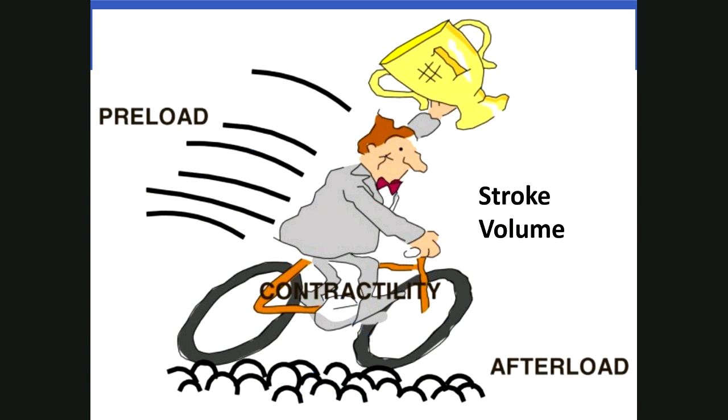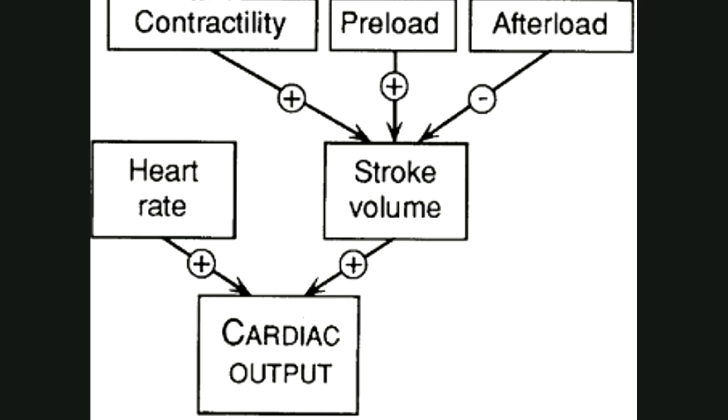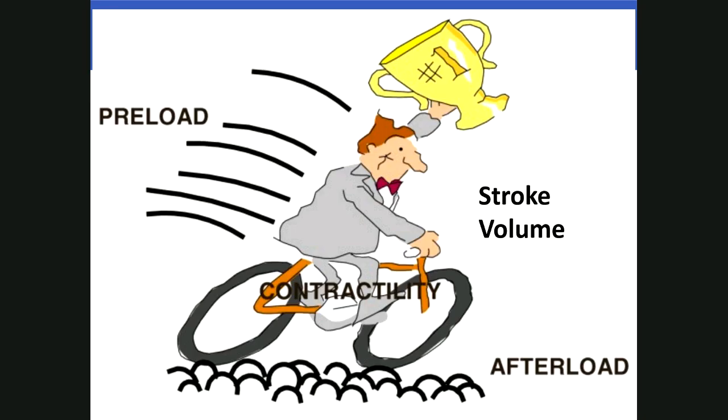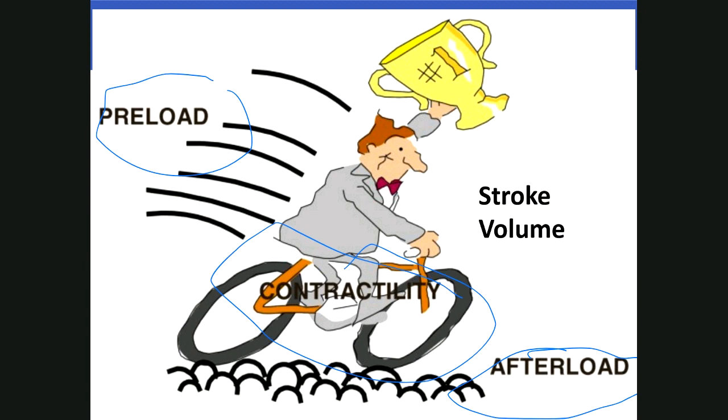Any questions about it? So which of these three things do you think you have the most control over? Sure, contractility. He gets to choose how fast he's going to pedal.